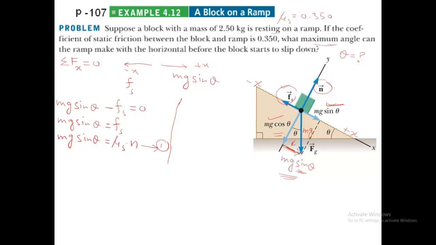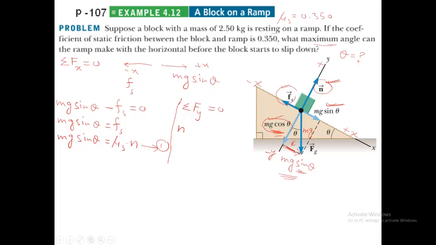Then I have the second case, sum of the forces along y-axis equal 0. Y-axis forces, this is plus y, which is the normal force, and along negative y-axis you have mg cosine theta.